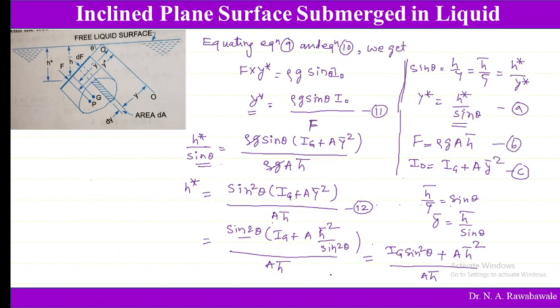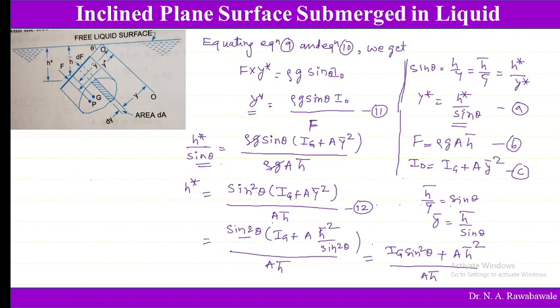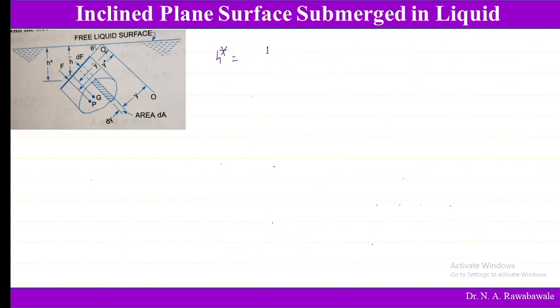So again, just now we got h star is equal to Ig sin square theta plus A h bar square whole divided by A h bar.